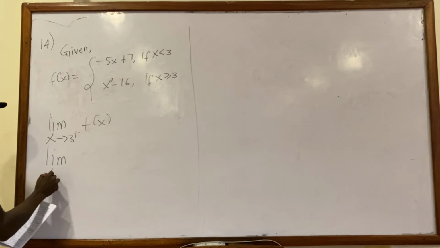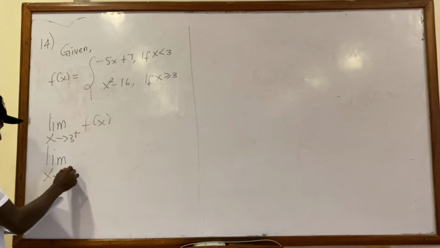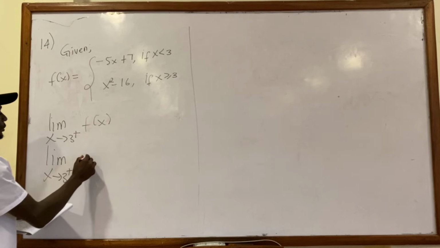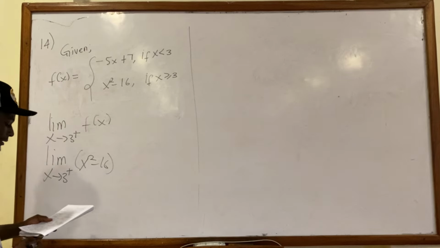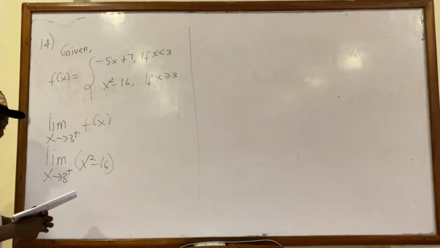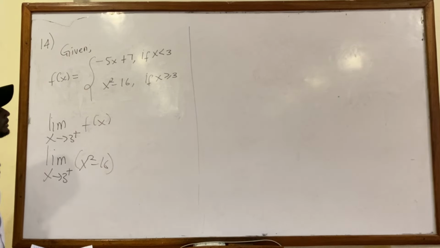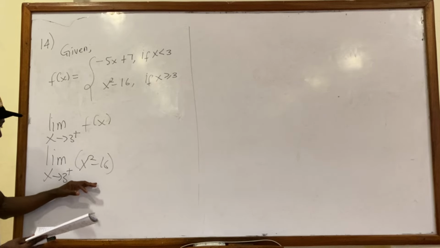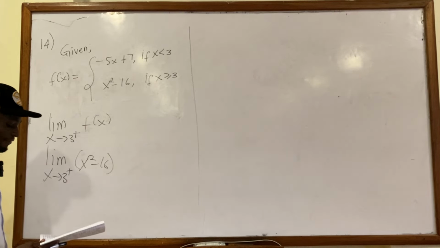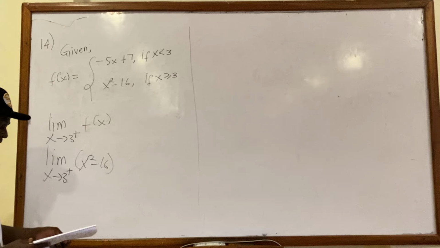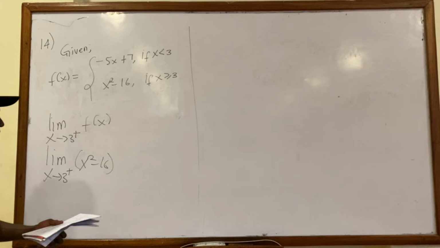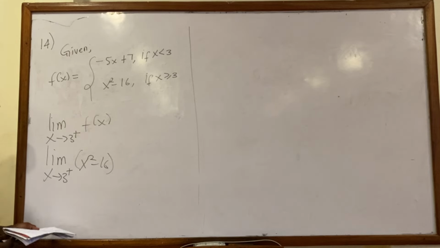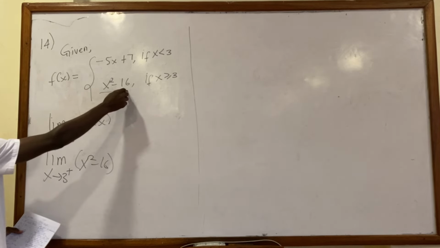So now we have the limit as x approaches 3 from the positive side of x squared minus 16. Since x approaches 3 from the positive side, x must be greater than or equal to 3, so we choose this particular function.